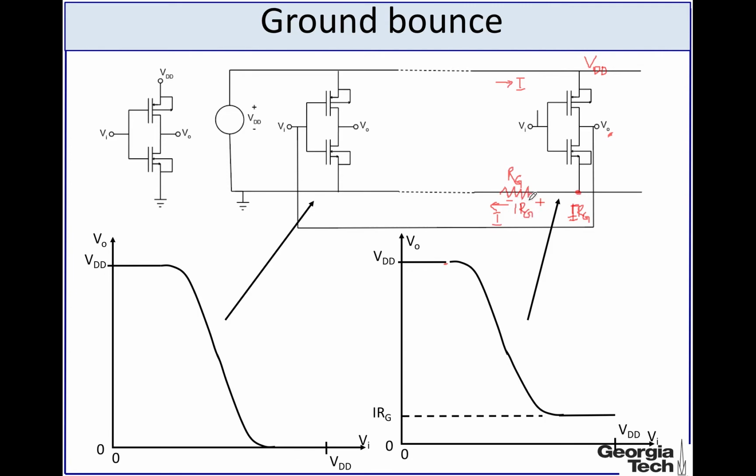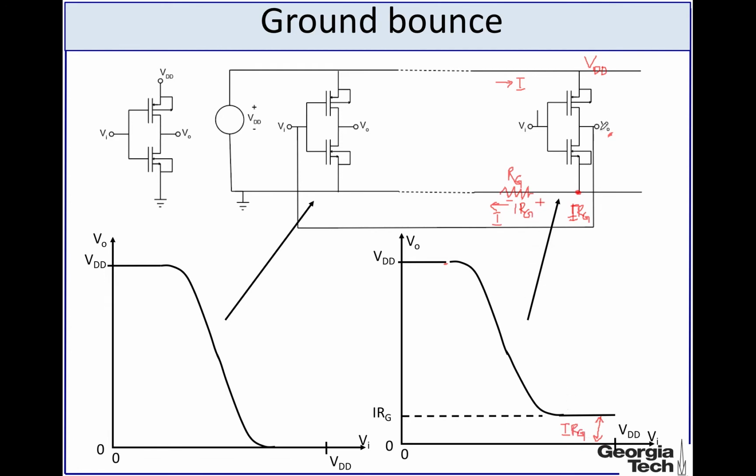When the RG is 0, this voltage will be 0 when the input is VDD. But if this voltage becomes IRG due to this drop in the ground line, this output voltage, rather than being 0, will become IRG, and as a result the inverter characteristics will look like this, meaning that when the input is VDD, the output, rather than being 0, will become IRG.